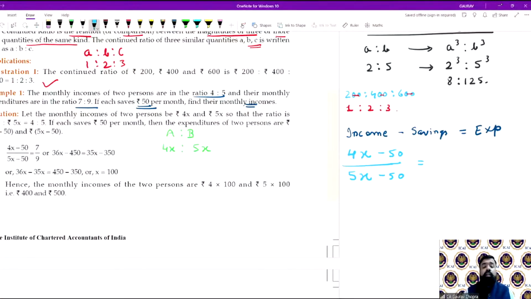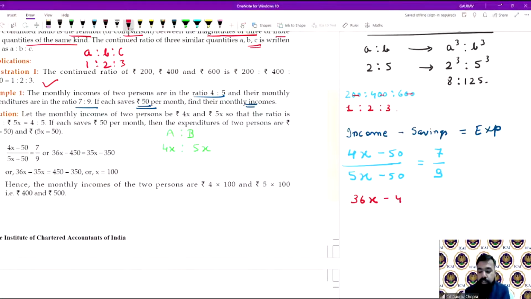After subtracting, we must get expenditure, and the expenditure ratio is given, that is 7 is to 9. So we can write 7 upon 9. This is the ratio. Now how to simplify? Just do the cross multiplication and get the result. So let's try cross multiplication.